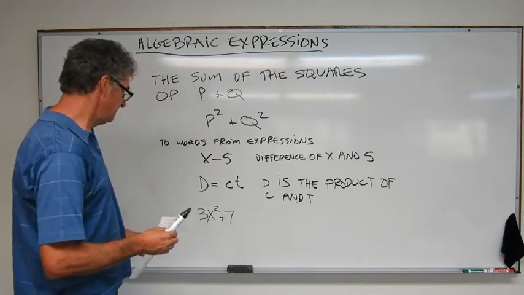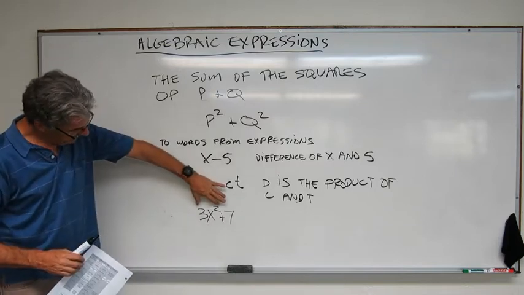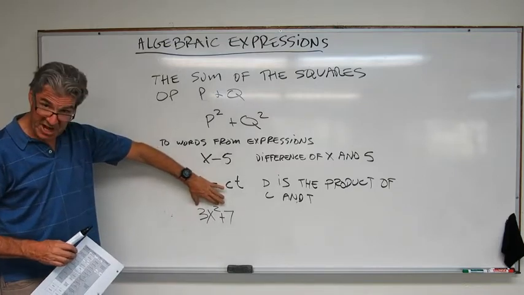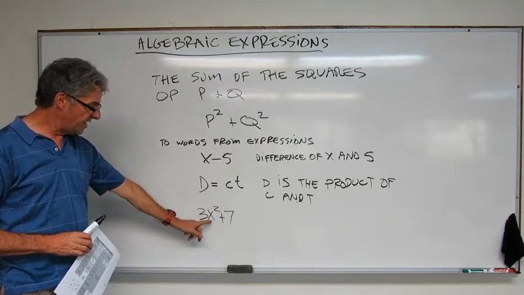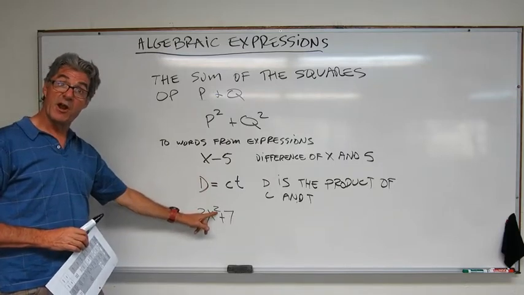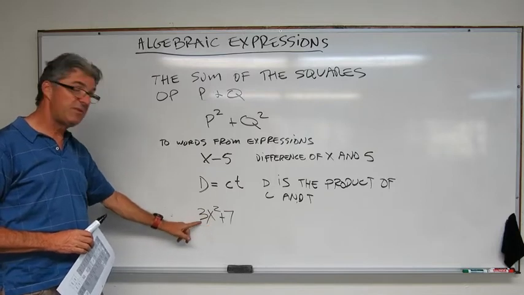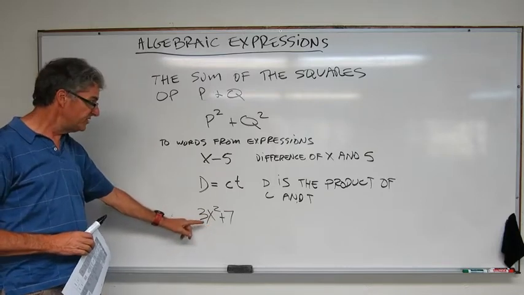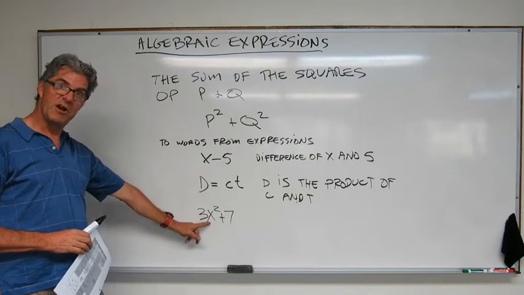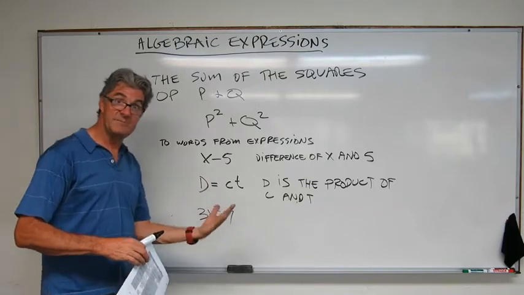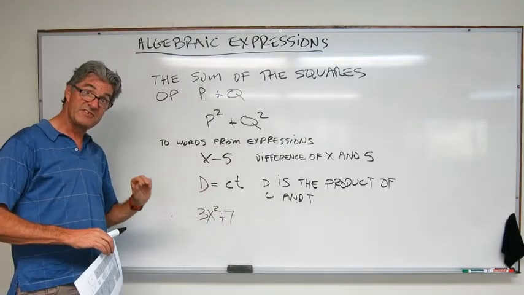Okay, let's see how you did. This is kind of interesting. Teasing it out, I've got x squared, so that's the square of x, but it's being multiplied by 3. So this is the product of 3 and the square of x. I almost said 3 times the square of x, but remember we want to use the more fancy words.